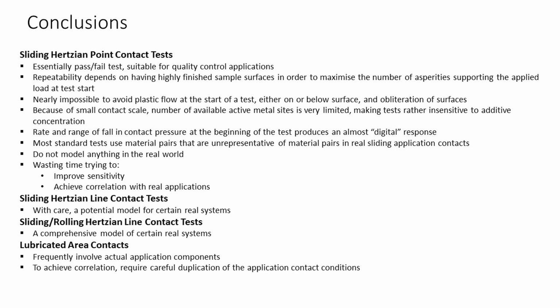Because of the small contact scale, the number of available active metal sites is very limited, making tests rather insensitive to additive concentration. The rate and range of fall in contact pressure at the beginning of the test produces an almost digital response.